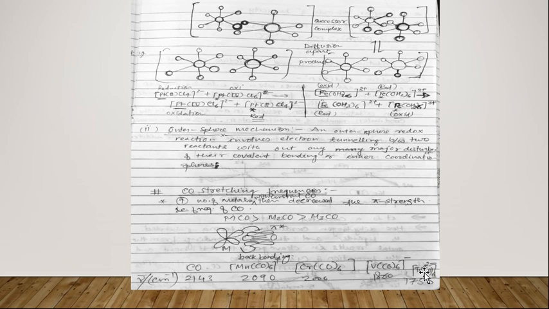the charge of the cations increases, meaning the oxidation state increases, that's why the stretching frequency decreases. Because the central metal becomes more electron deficient, that's why the stretching frequency becomes low.